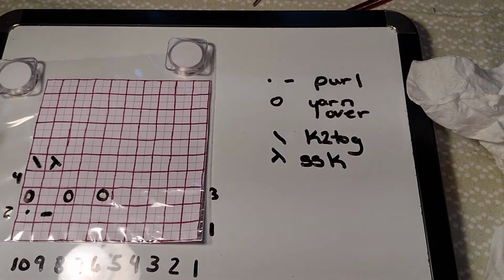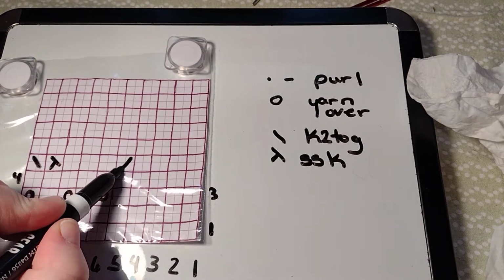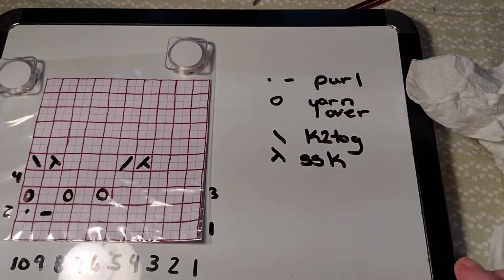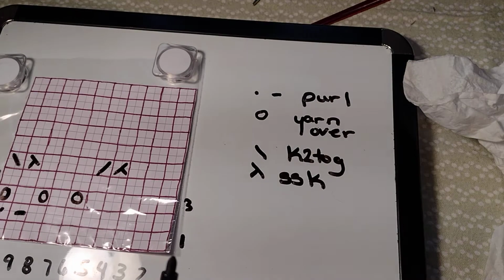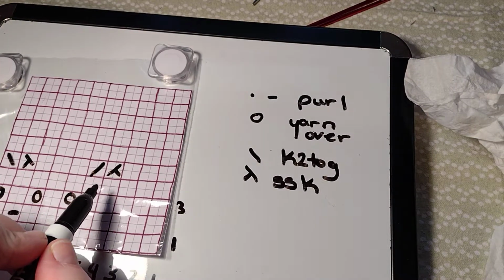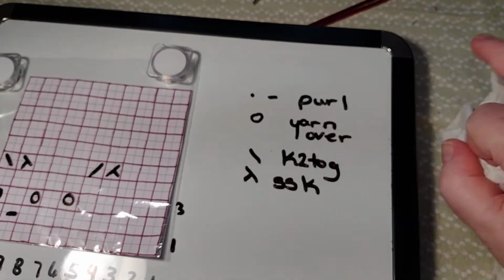Now, if it's the other way, say the slash is going this way, and sometimes they'll have a line underneath them.